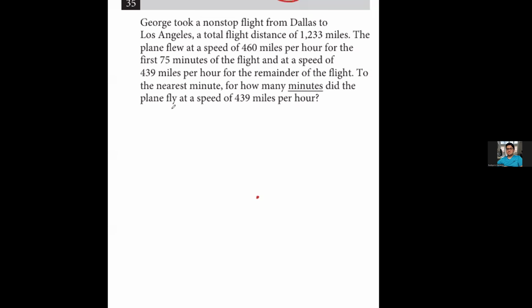Well, for this, we just take 460 miles an hour and multiply by 1.25 hours, because 75 minutes is 60 minutes plus 15 minutes, and 15 minutes is a fourth of an hour. So it's 460 times 1.25, which is equal to 575.